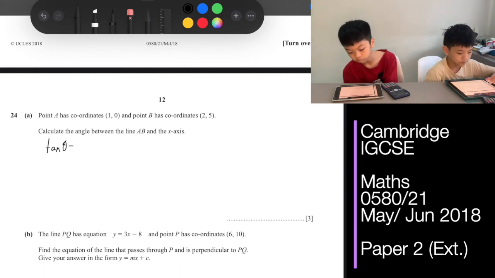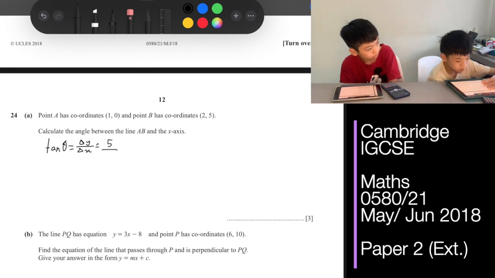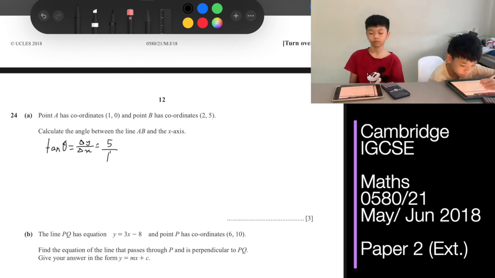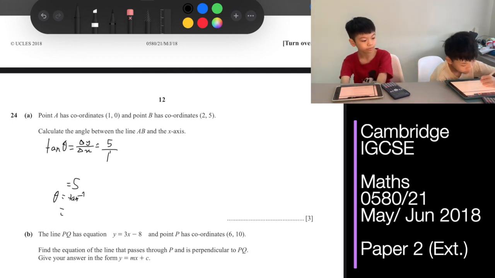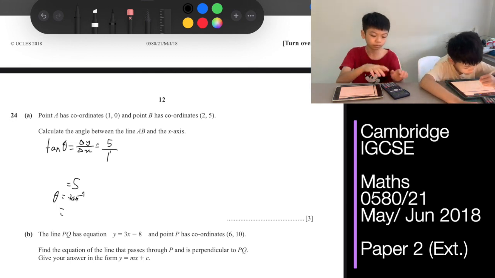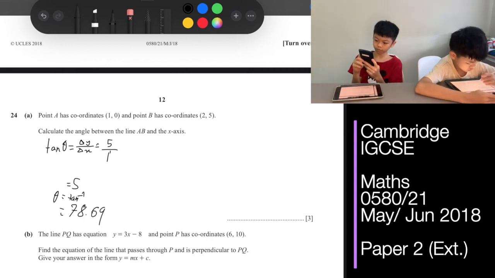So first, we know that tangent theta is equal to delta y over delta x, which is m, which is equal to 5 minus 0 over 2 minus 1, 5 over 1, equal to 5. The tangent theta equals 5, so theta equals arctangent 5, which equals 78.69.